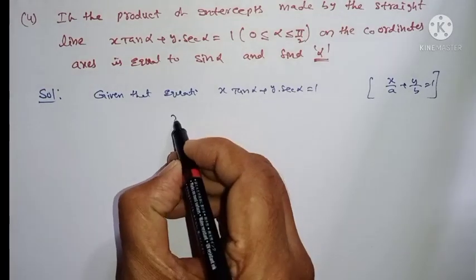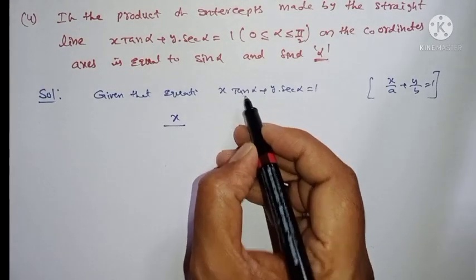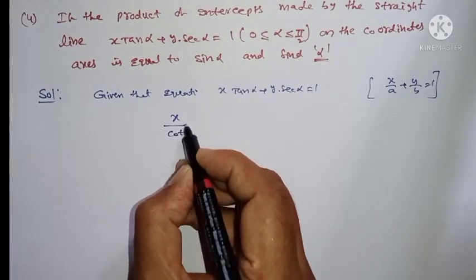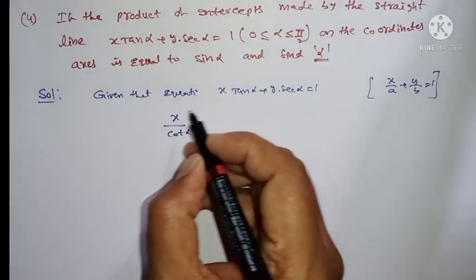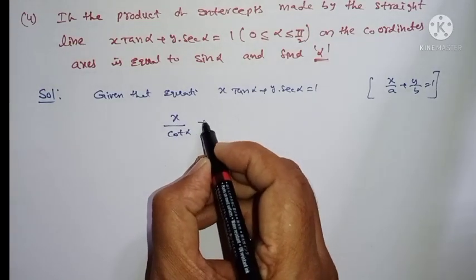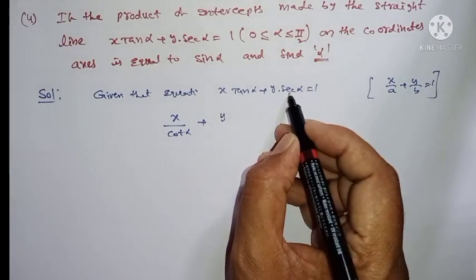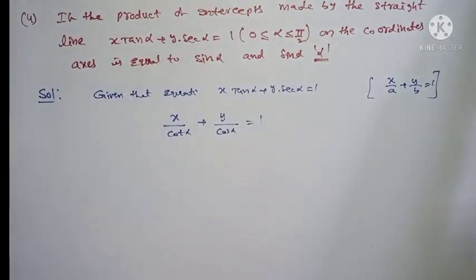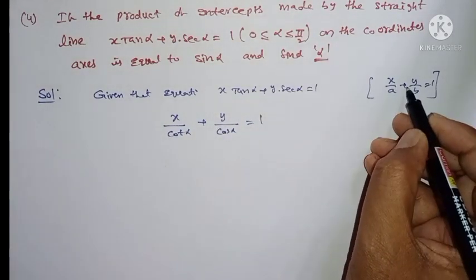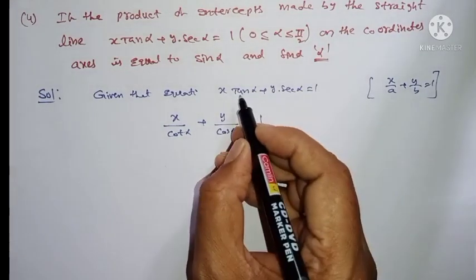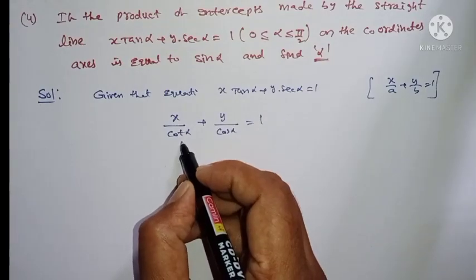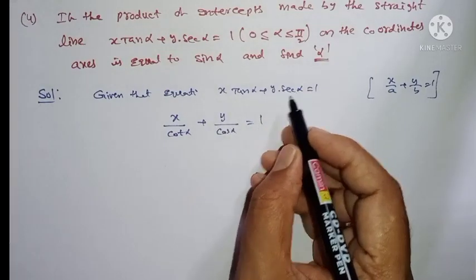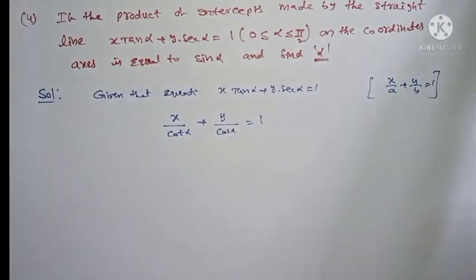Therefore this can be written as x by tan alpha, which I can write as x by 1 by cot alpha, plus y by secant alpha, which I can write as y by 1 by cos alpha, is equal to 1.